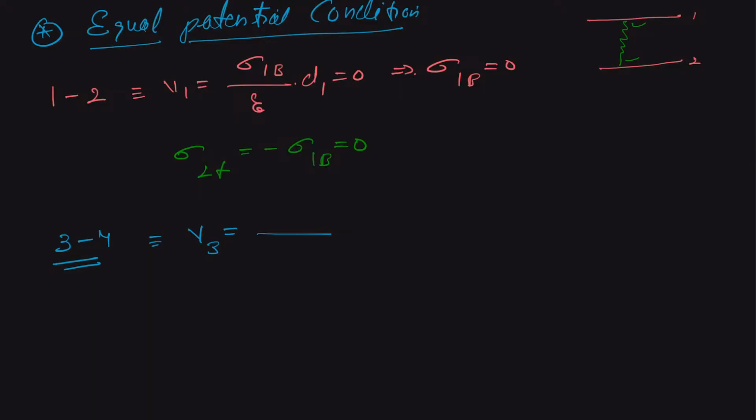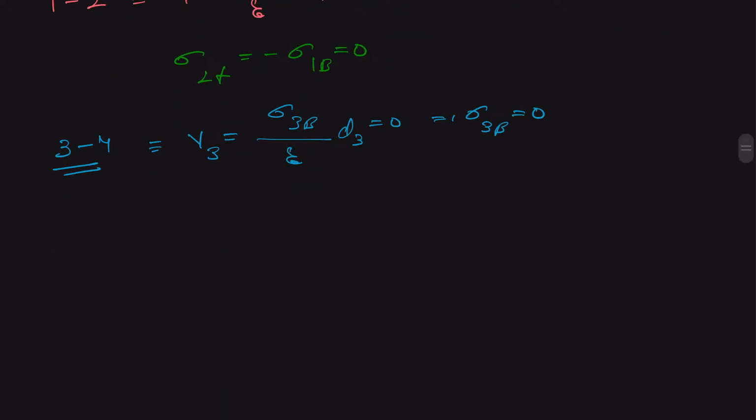And this will come as sigma 3 bottom divided by epsilon naught and times D3, which is equal to 0. So we get sigma 3 bottom is equal to 0. And we know that sigma 4 top is equal to the negative of sigma 3 bottom, so this will also be equal to 0.